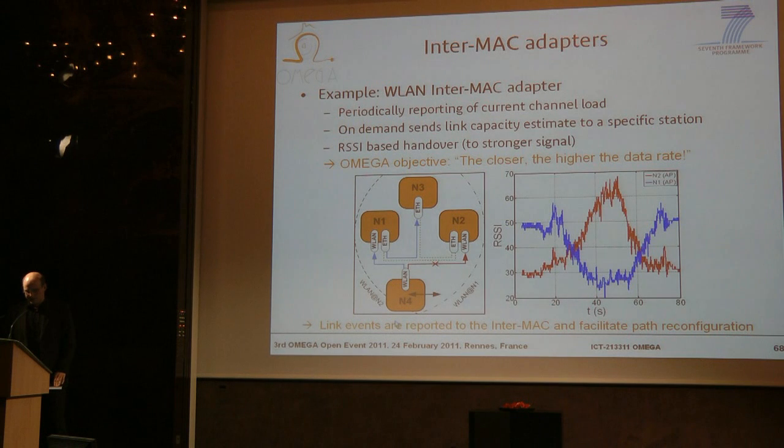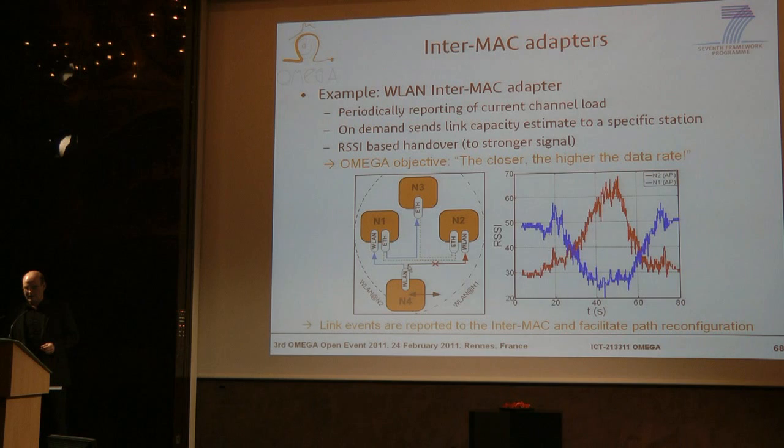We can just see this in this small scenario. We have traffic from N4 to N3, which uses the wireless LAN link here and an Ethernet link here. This shall demonstrate the wireless LAN at nodes N1 and N2, and this the wireless LAN network at N1. And now node 4 is moving.